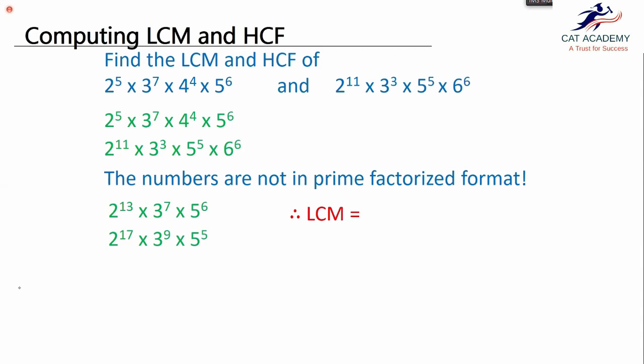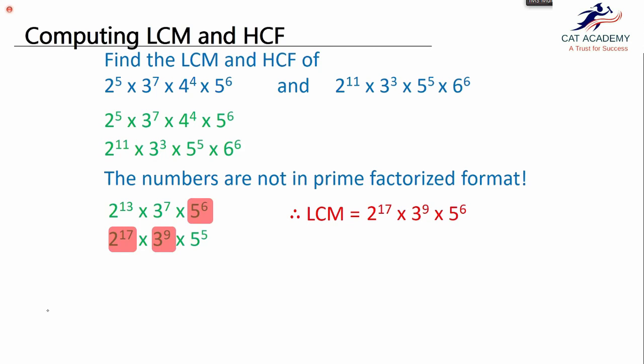So what will be my LCM? No, not solve it. As in, you don't need to calculate the actual value. Write it in terms of powers only. So 2 raised to 17 into 3 raised to 9 into 5 raised to 6, the higher powers.